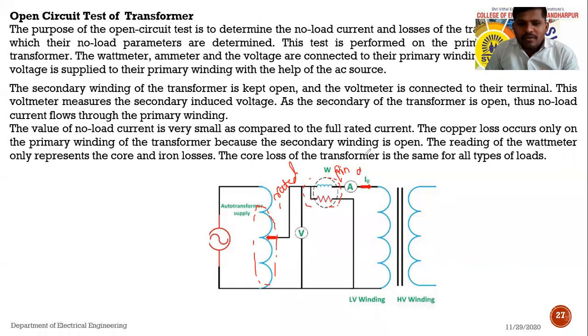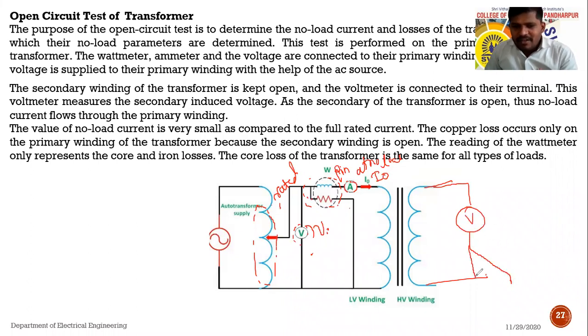One ammeter is required to measure the no load current I0, and one voltmeter is connected in parallel with the primary winding to measure the no load voltage V. The secondary side is kept open, or instead of keeping it open, we connect one voltmeter to measure the secondary voltage.